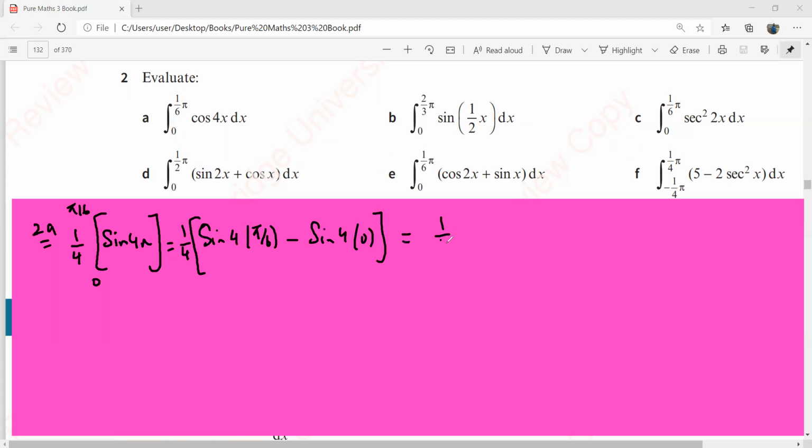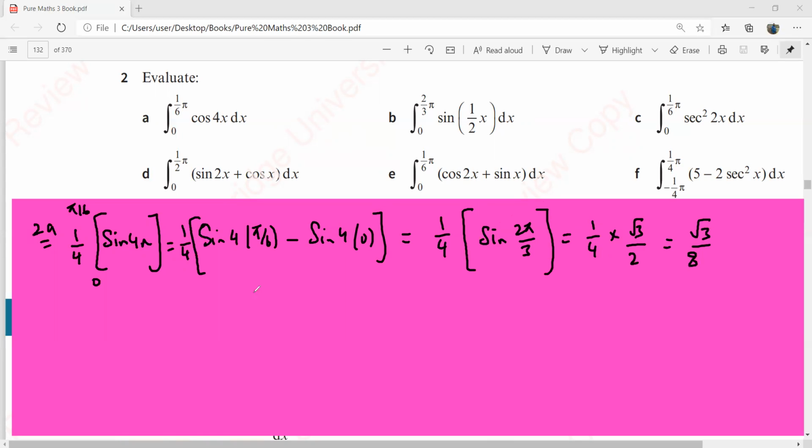So you have a quarter into sine 2 pi by 3, and sine 0 is 0. Sine 2 pi by 3 is the same as sine pi by 3. So that is a quarter into under root 3 over 2, so that is under root 3 over 8.